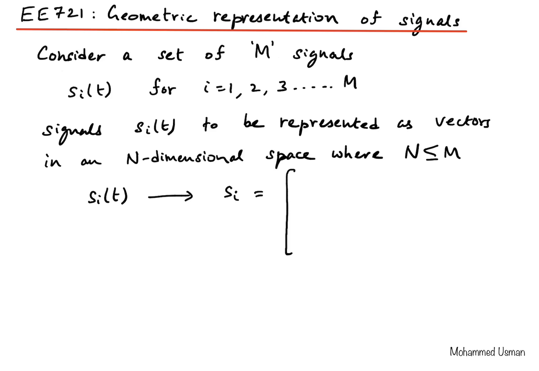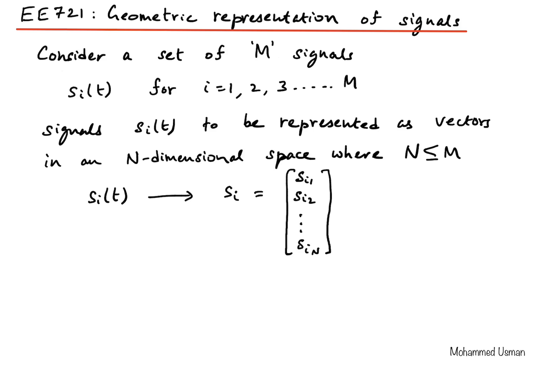So Si will have the elements Si1, Si2, and so on up to Sin, because the dimension of the space is n. So signal S1 of t will be denoted by a vector S1 with elements S11, S12, S13 up to S1n. Similarly, S2 of t will be denoted as a vector S2, which has elements S21, S22, S23 up to S2n, and so on. That is our vector representation of our signal.